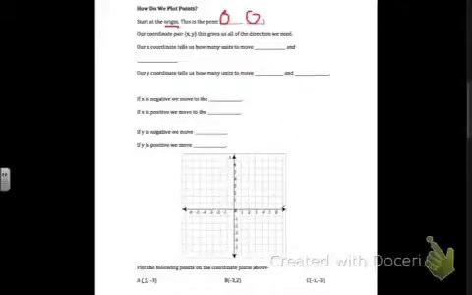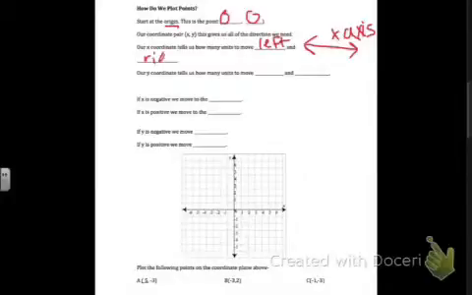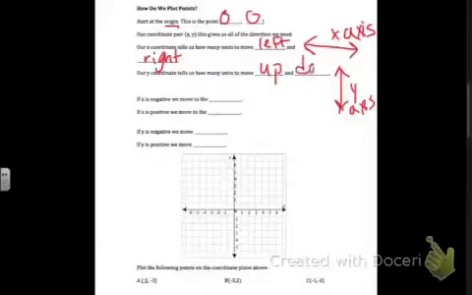Our x-coordinate, if we look at our x-axis, goes this way. That's our x-axis. It tells us how many units to move left and right. If we look at our x-axis, it goes from left to right, so our x is going to tell us how to move left to right. And then our y-axis, if we look back to our coordinate plane, is going to tell us how to move up and down.